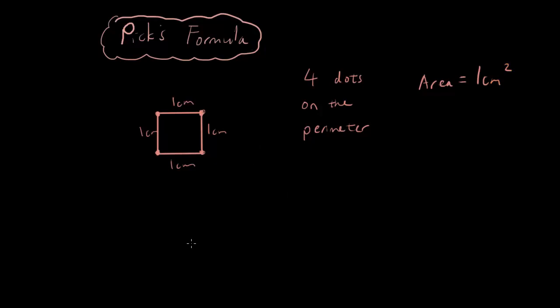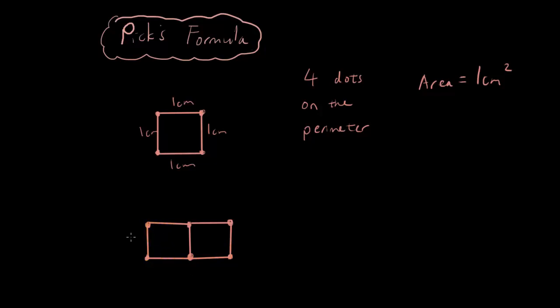Okay, so let's now expand this square a little bit. So now I'm going to increase it to make it a little bit bigger. Okay, so have a look at this shape, and now we want the area of this shape.